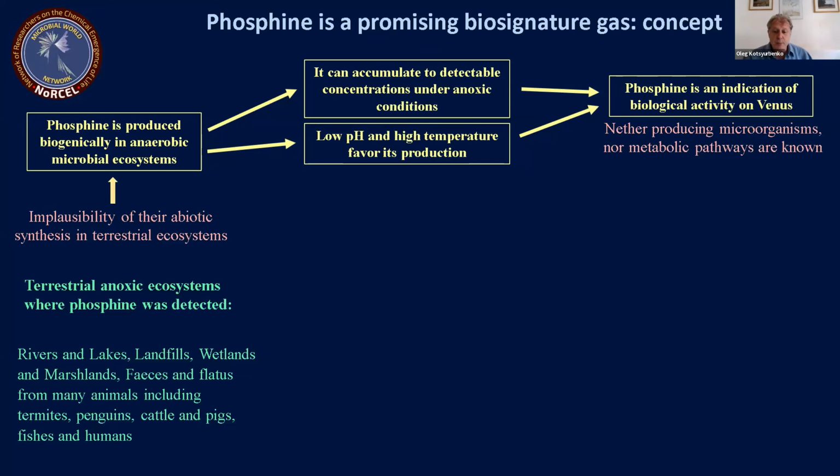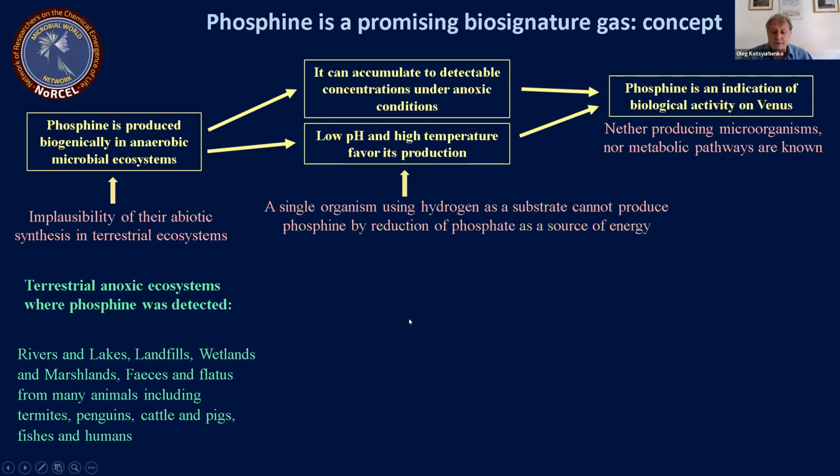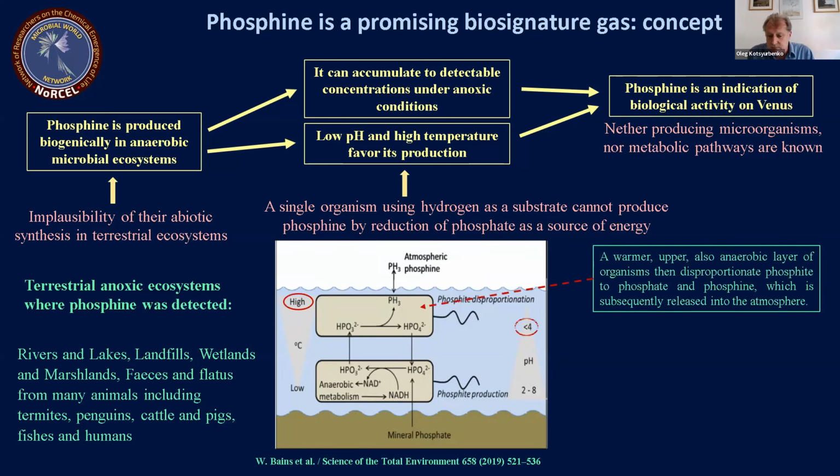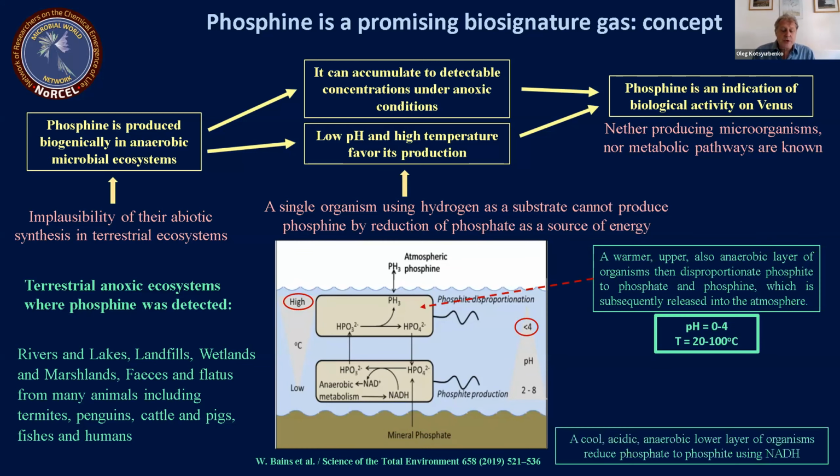However, it's important that neither microorganisms producing phosphine nor the metabolic pathway of its formation are known yet. That's an important point for microbiologists. The thermodynamic calculations have shown that phosphine can be formed in two stages, which should occur under quite different conditions.